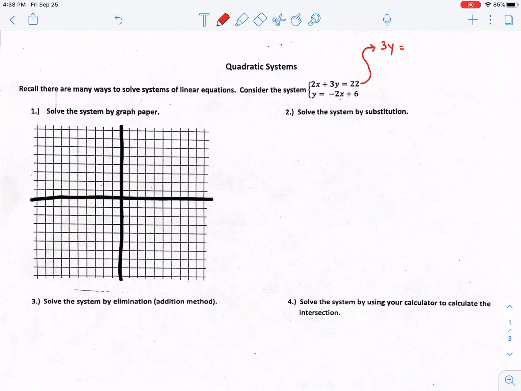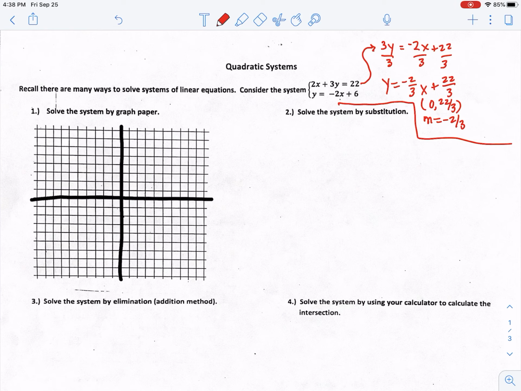In that case, I would subtract 2x and divide by 3 on both sides. I get negative 2/3 x plus 22/3. This is where your y-intercept is (0, 22/3), and the slope is negative 2/3.